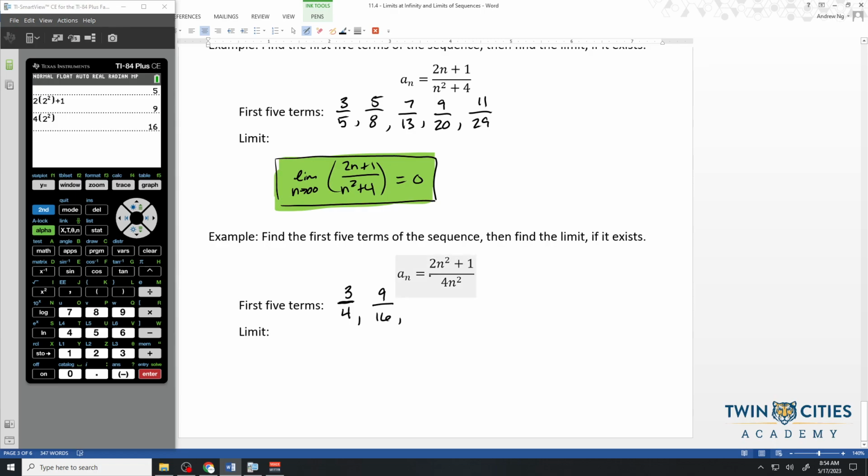Okay, third term would be 2 times 3 squared plus 1. And then it'd be 4 times 3 squared. So 19 over 36.